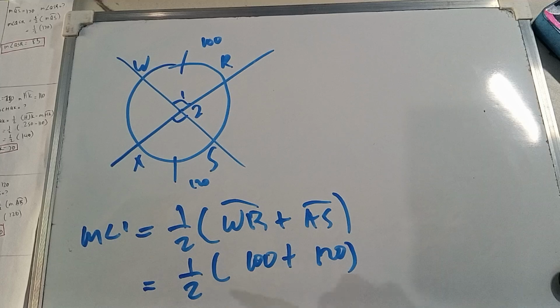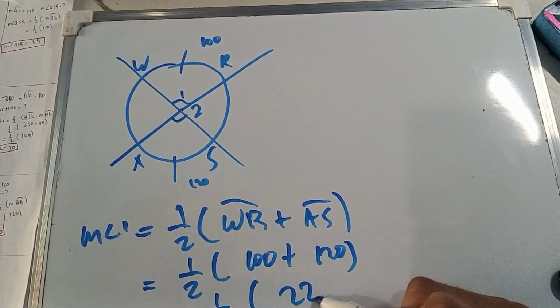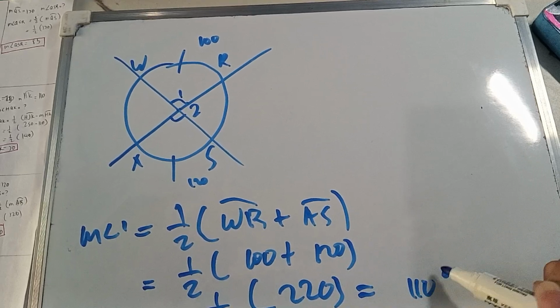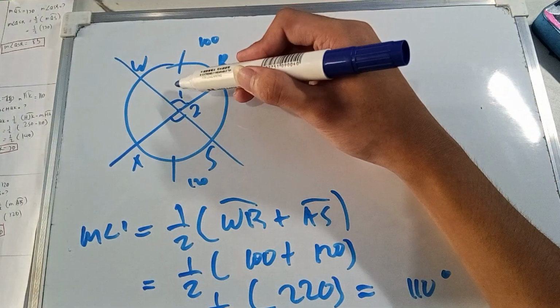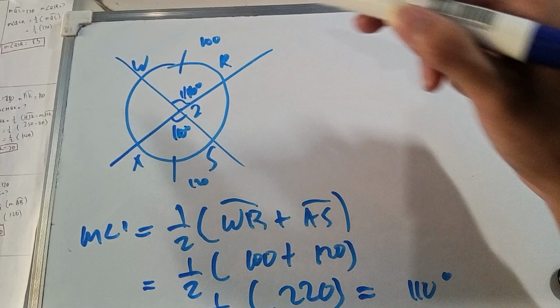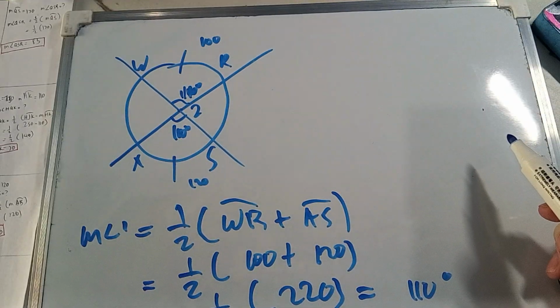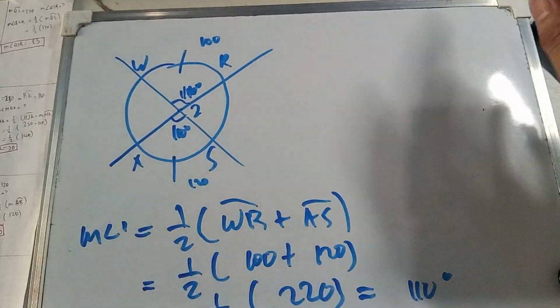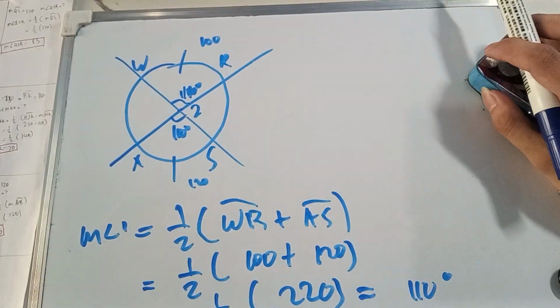So that is 1/2 of 220, which is 110 degrees. So meaning this is 110 degrees, and this is 110 degrees also. Okay, now it is easy to find the value of angle 2.